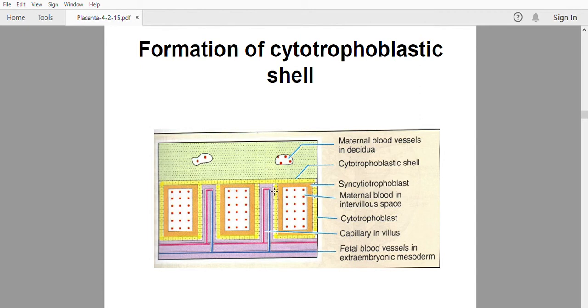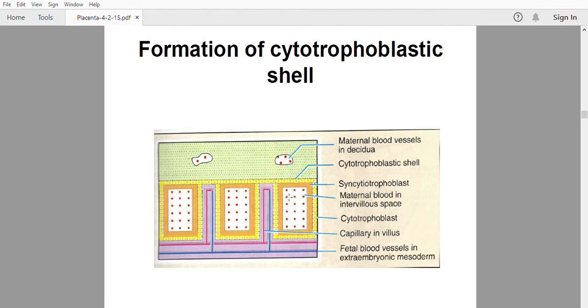First, the blood vessel wall, that is the endothelium of the fetal blood vessels and its basement membrane. Then the extraembryonic mesoderm that surrounds the blood vessels. Then the cytotrophoblast with its basement membrane.